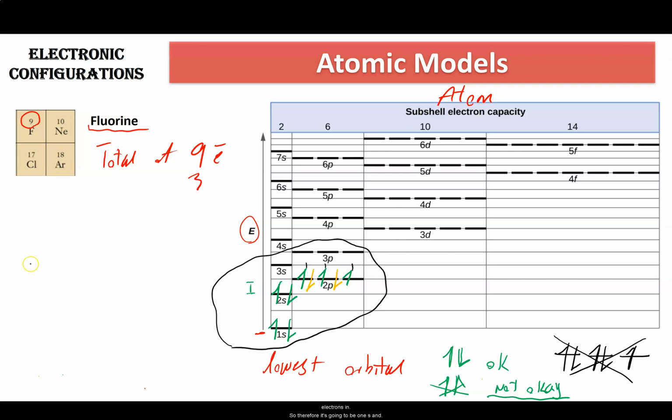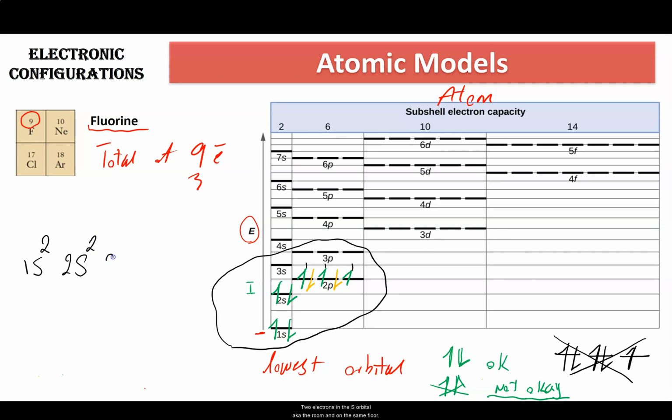So therefore, it's going to be 1s, and on that 1s, I have 2 electrons. This is not 1s to the power of 2. It's just suggesting that on the first floor, in the s orbital, I have 2 electrons. Then on the second floor, I have 2 electrons in the s orbital, aka the room.